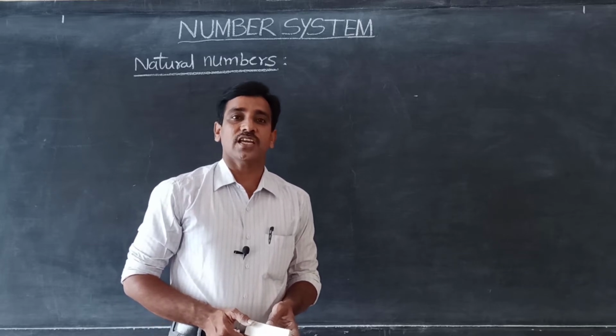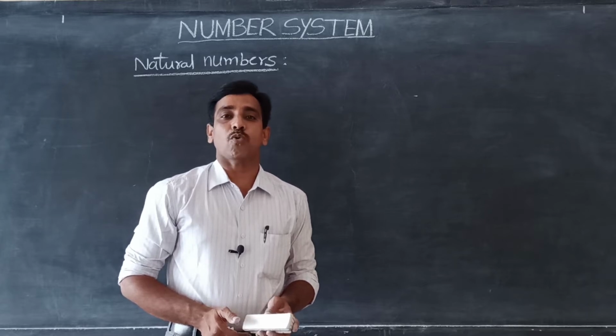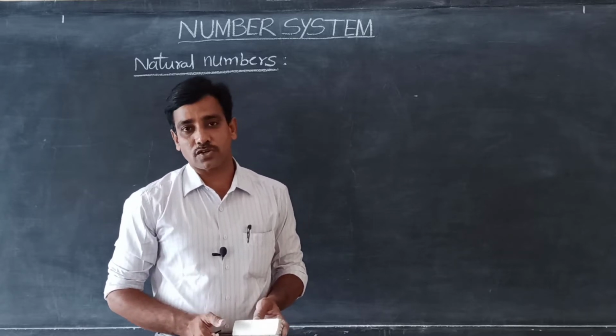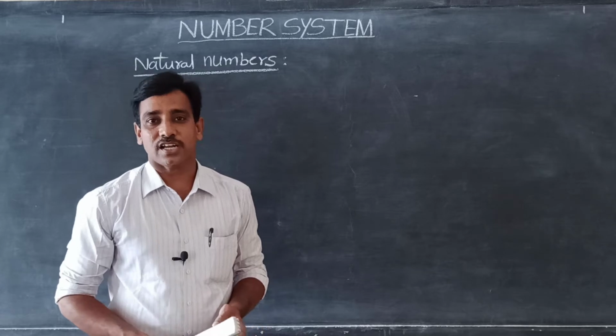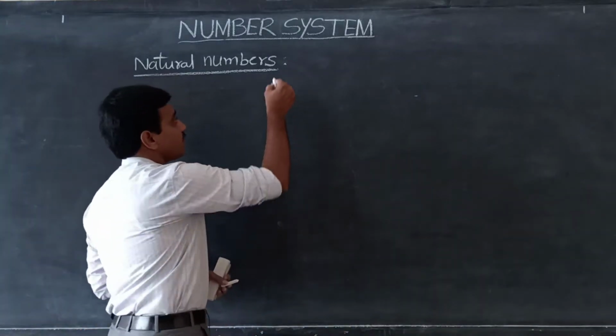In another way, we say the definition: counting numbers 1, 2, 3, 4 and so on are called natural numbers, right? See here, I will write the definition here.